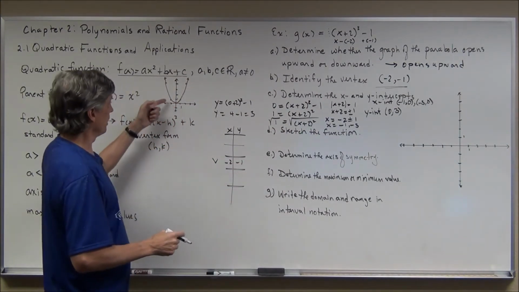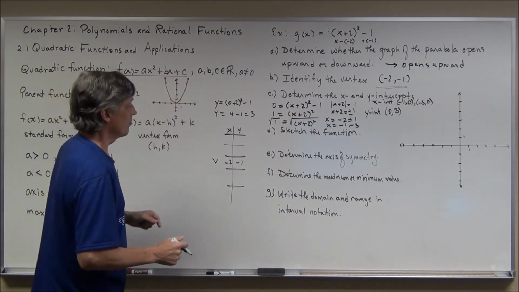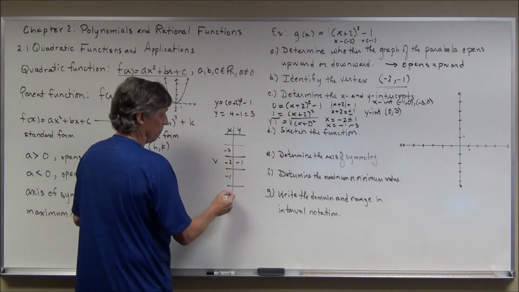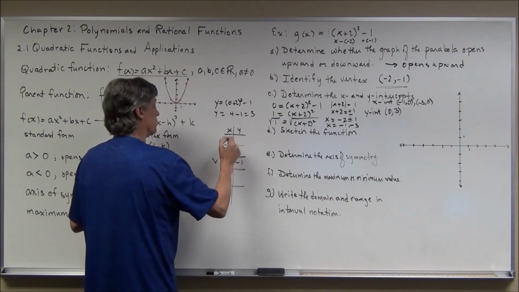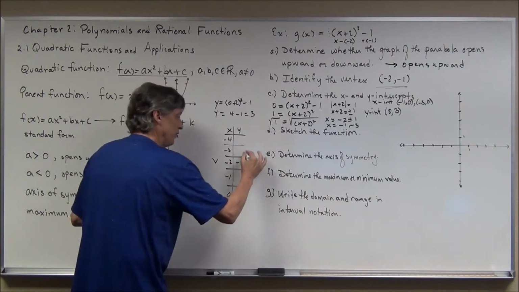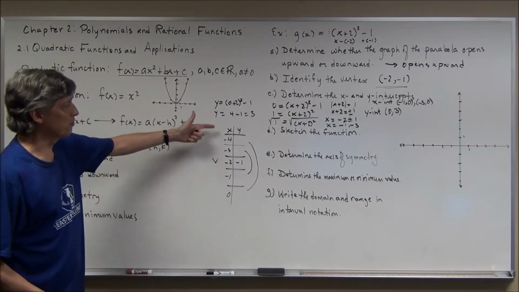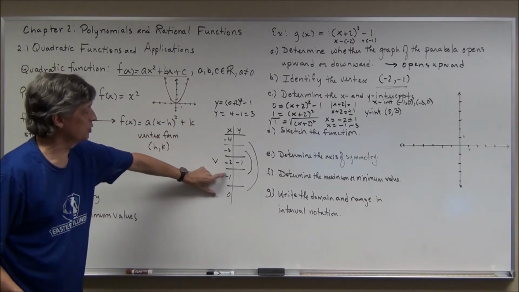Because of the axis of symmetry of my graph, I will go 1 bigger and 1 smaller. I will go 2 bigger and I will go 2 smaller. Because these y values should match and these y values should match. I don't have to plug in 4 points, I only have to plug in 2, and then I'll have the other 2.